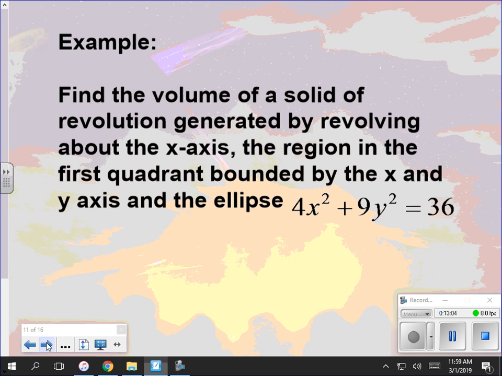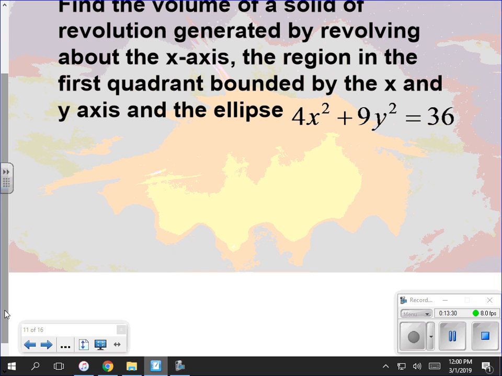Okay. Next one. Find the volume of a solid of revolution generated by revolving around the x-axis the region in the first quadrant bounded by the x and y-axis and the ellipse 4x squared plus 9y squared equals 36. Oh, crap. So, what exactly is it asking for?